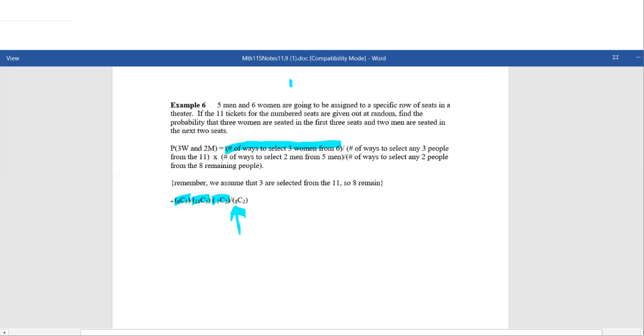You're going to choose 2 from that 8. So this is the second probability. It has not as many in the sample space because you have fewer people to choose from for that calculation for our denominator. So notice what happened there.